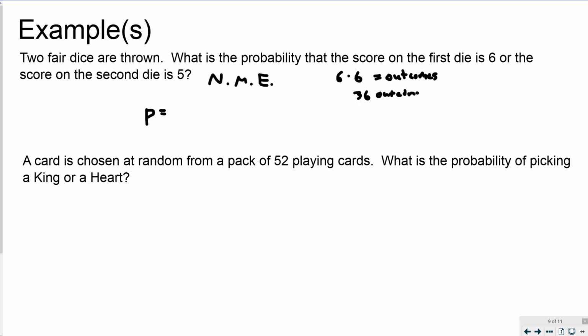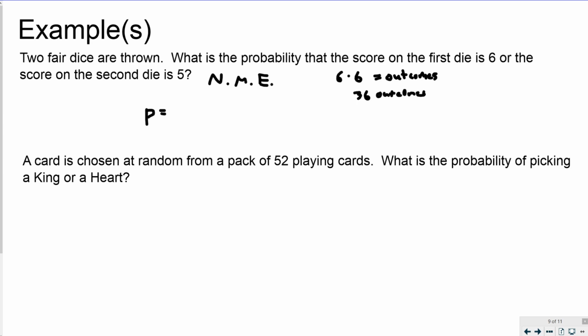Because for each outcome on the first die, like if you roll a 1 here, there's 6 ways that the second die can show up. If you roll a 2, then there's 6 more, so you have 12 total. If you roll a 3, there's 6 outcomes on the second die. That's 18, and so on and so forth, until you've exhausted all of them.